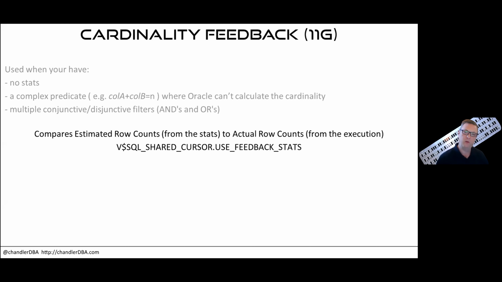And what it's doing is comparing the estimated row counts, or the estimated cardinality from your statistics, to the actual row counts, the actual amount of data that has come back whilst the SQL is executing. And you can see in V$SQL shared cursor use feedback stats, whether it's going to be intending to use that.